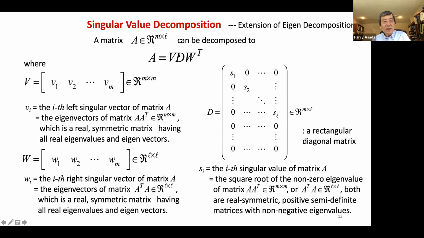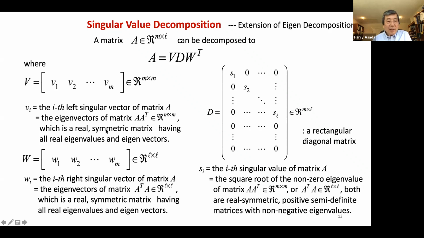Here capital V consists of small v's, called the left singular vectors of matrix A. In fact, these vectors are the eigenvectors of matrix A A transpose, which is M by M. This matrix is symmetric and real, therefore it has all real eigenvalues and eigenvectors, physically meaningful eigenvectors.